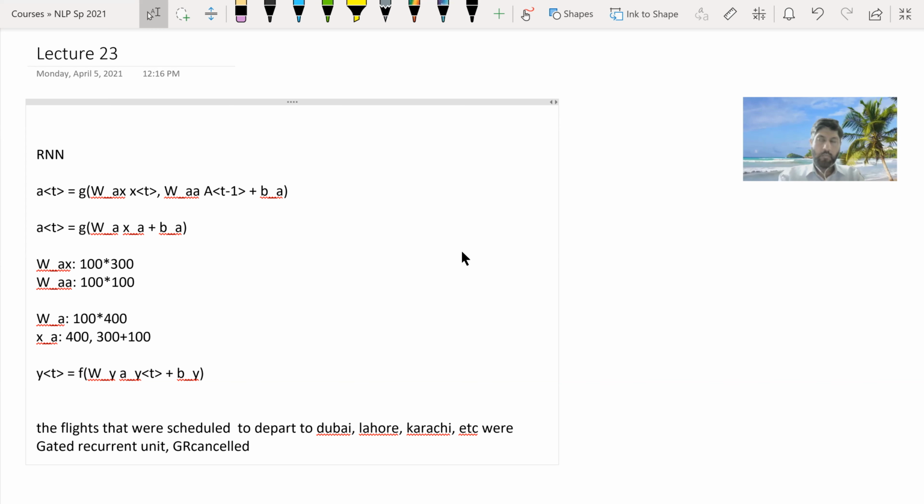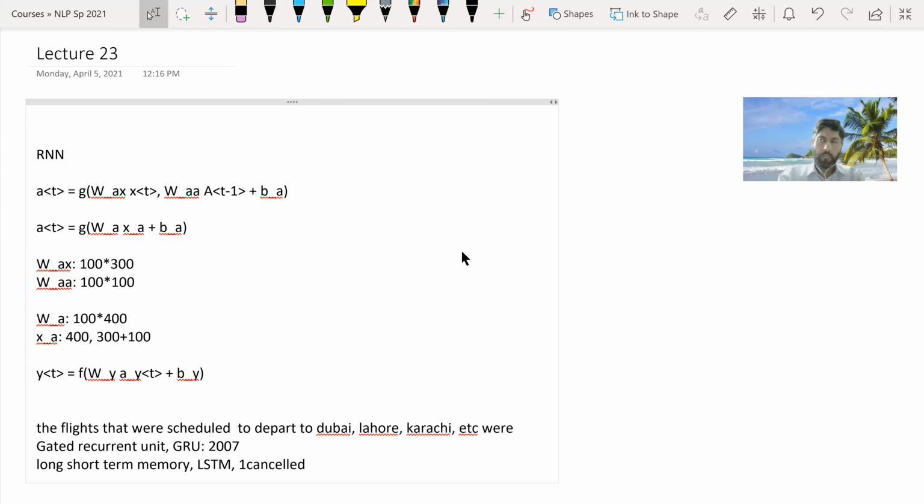gated recurrent unit, or GRU. So GRU actually was proposed later on. I think it was, I don't know the exact date, but I think around 2007. It's slightly simpler. And the other model was the long short-term memory, LSTM.